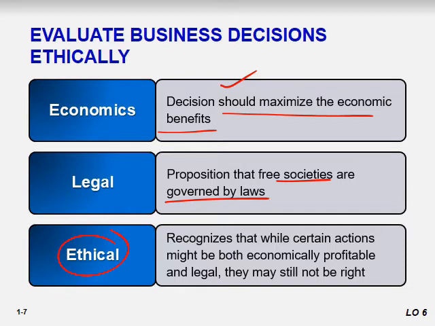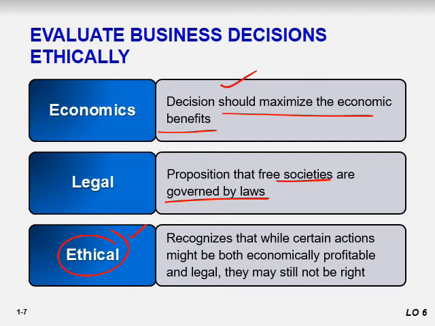For example, it is not illegal in many countries to pollute the environment to make a high level of goods, but you decide to go green. That is a more ethical way, because you take care of your neighborhoods and your future generation, so that they can have clean air and clean water. So in that case, your decision is ethical.